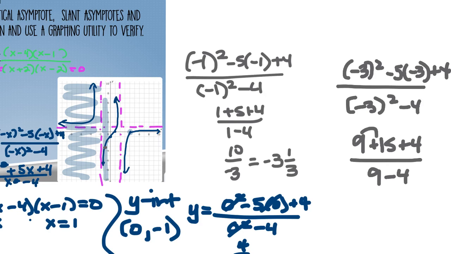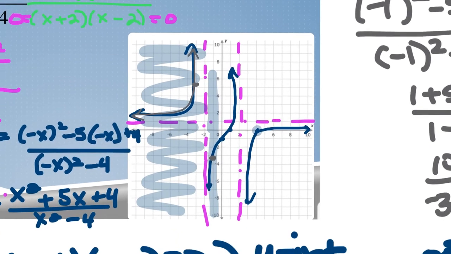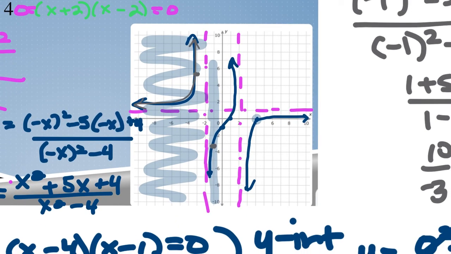This is 24 plus 4, 28 over 5, which is 5 3/5. That's higher than my horizontal asymptote. So negative 3 and 5 3/5 would be about here. So my graph that I assumed was there was actually there.